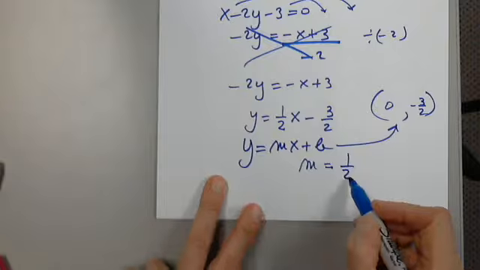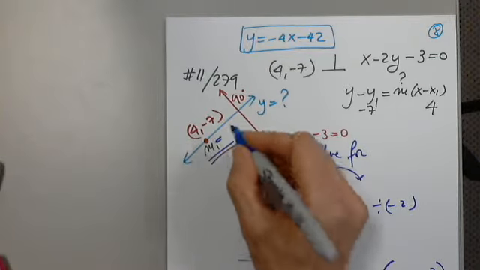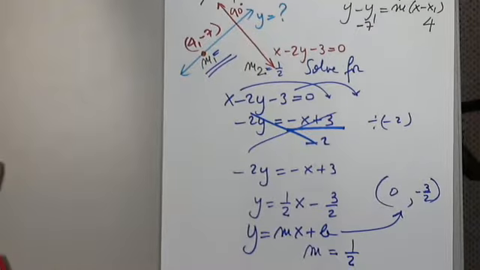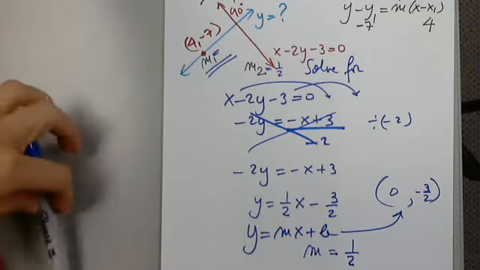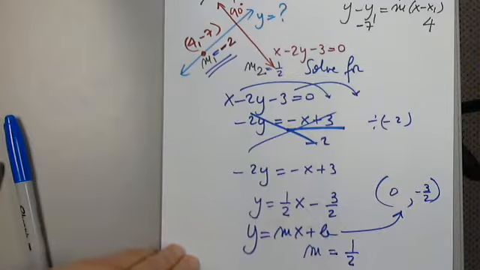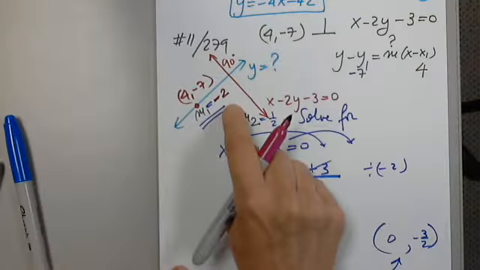Very good. The slope is 1/2. So m2 is 1/2. What about m1 that I'm really interested in? I don't really care about m2, but I needed to determine m2 so that I can find m1. But negative, because the product has to be negative 1. Agreed? So this must be negative 2. If one slope is 1/2, the other one must be negative 2.